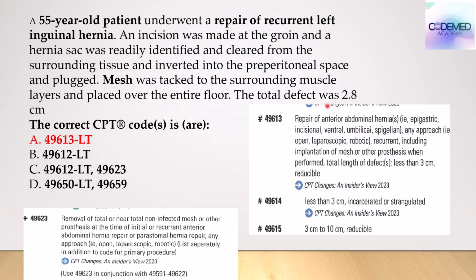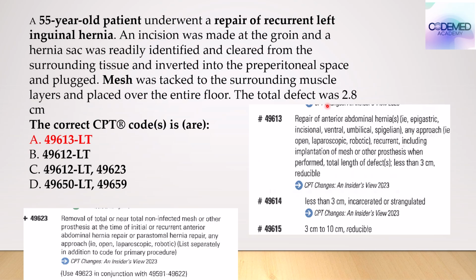So we will go for the code 49613 because it is the repair of the anterior hernia, any approach, initial, including the implantation of the mesh. And so we don't code for the mesh separately, but the defect is shown as less than 3 centimeters.